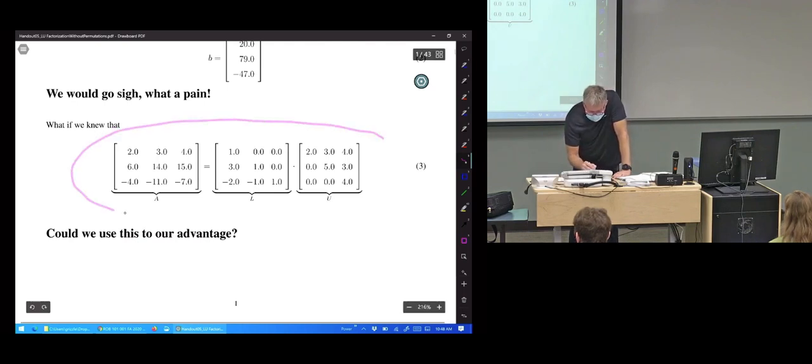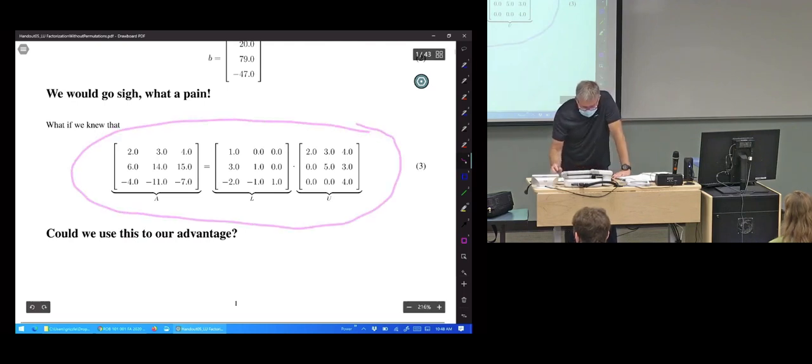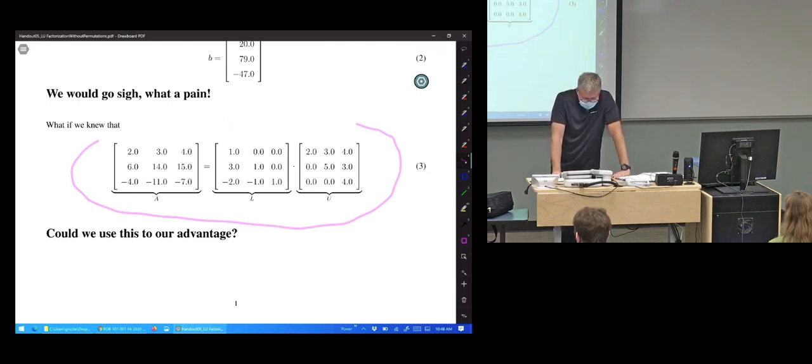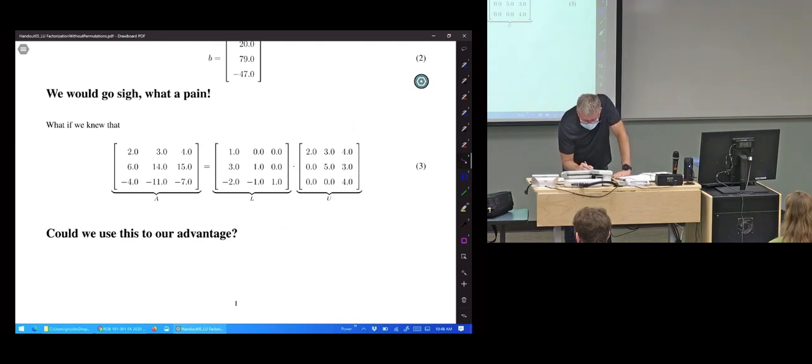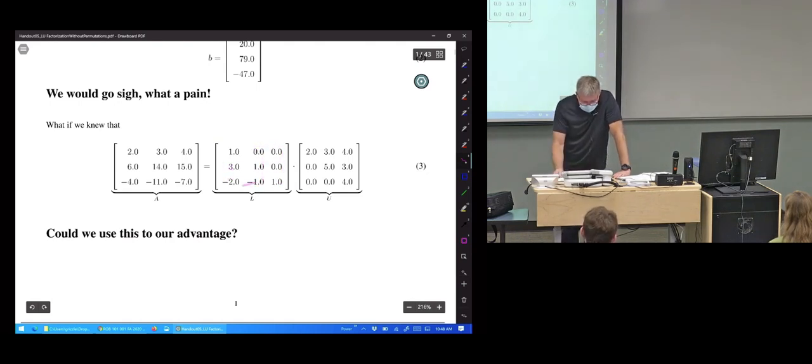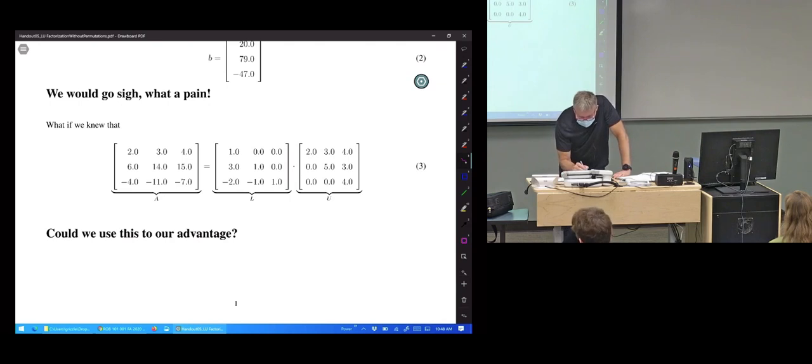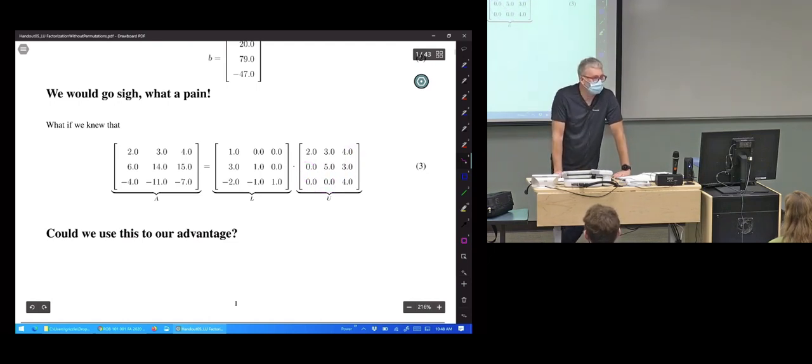Suppose we knew how to write A as a matrix that's lower triangular times one that's upper triangular. Here's my diagonal. I'm 0 above it, and I've got other junk, so it's a lower triangular matrix. Here's my diagonal, I've got zeros below it, and other stuff above, so it's an upper triangular matrix.